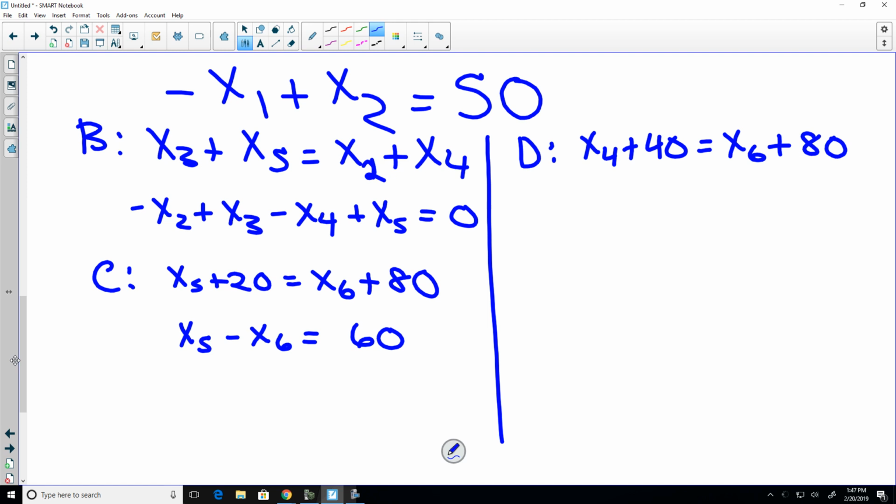We want to rewrite this with the variables on the left in order and the constants on the right.